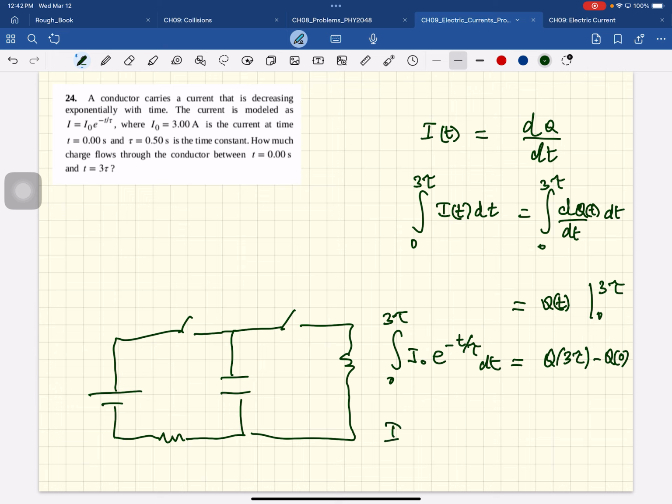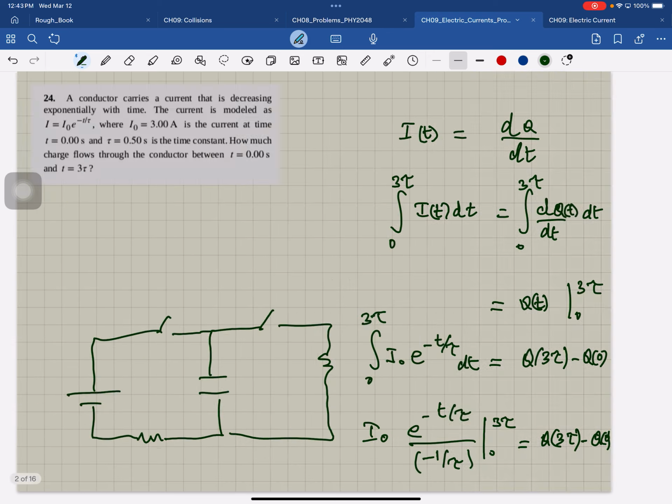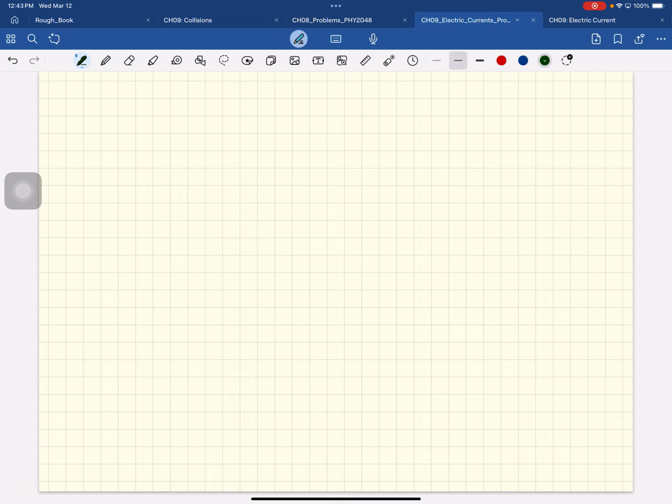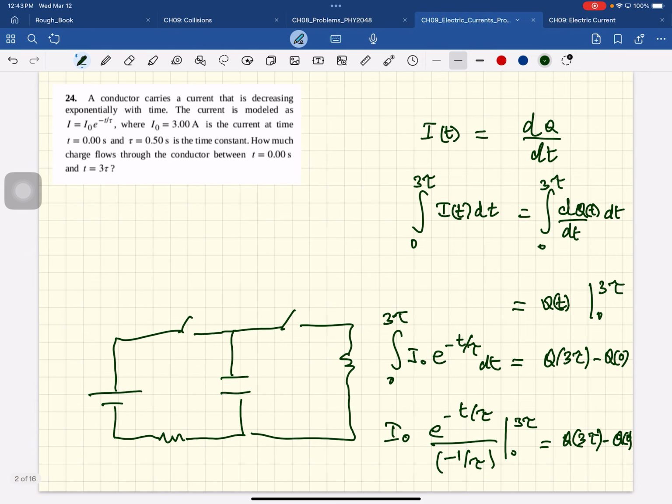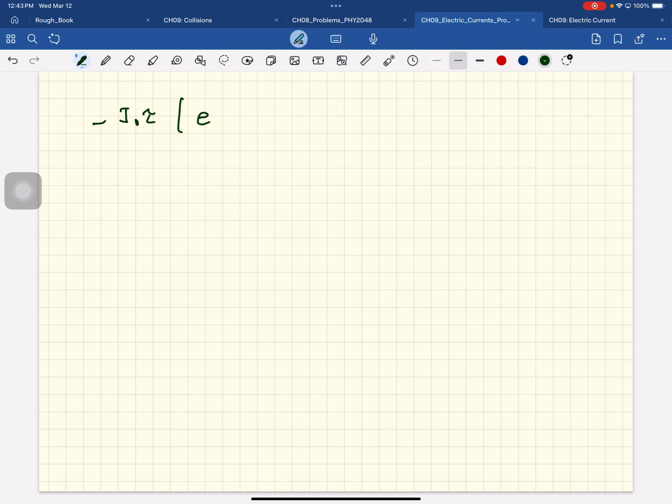And I naught is a constant. Integral of minus t over tau, from 0 to 3 tau. And so this becomes minus I naught times tau, e to the minus 3 tau by tau, minus e to the 0.